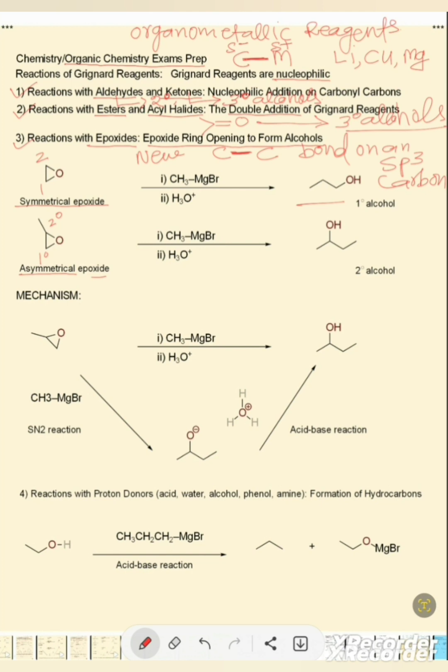Here we have this primary carbon which is less hindered, and this carbon here is more hindered. So less hindered versus more hindered.